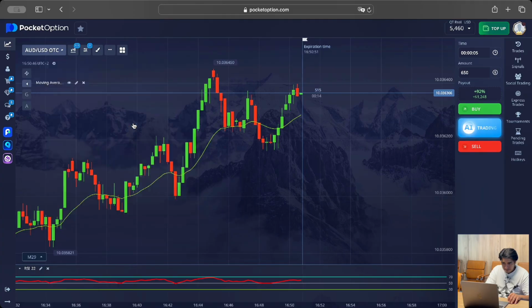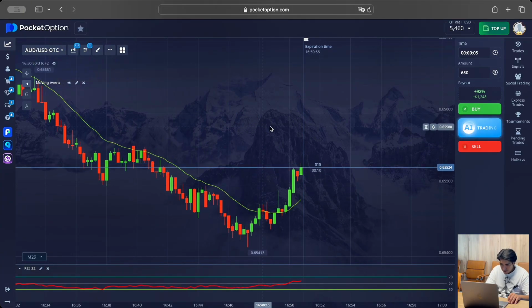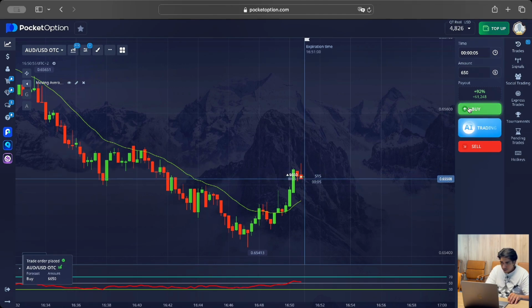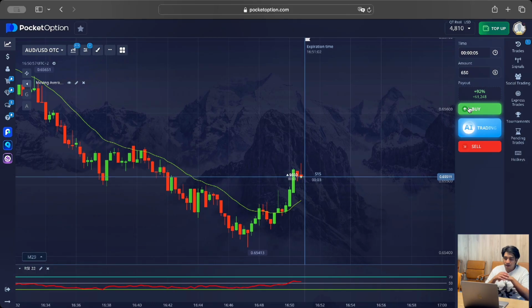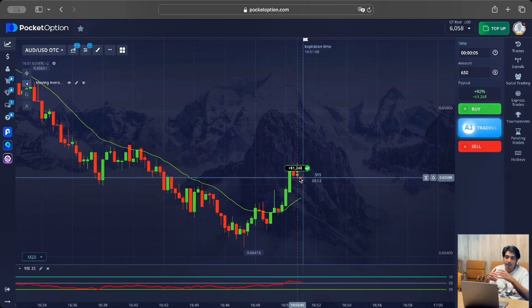So the reason we took this upward trend too is how the intersection has been there, and plus 1248. Again we are at a profit of 1248.